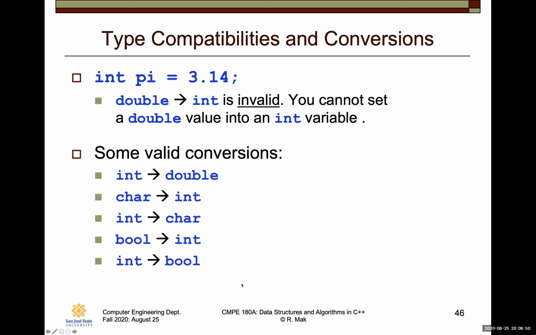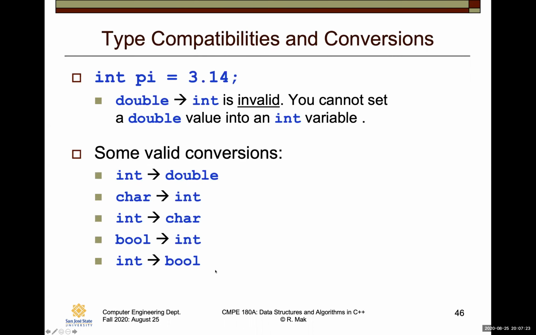Now there are some valid conversions. If you have a double variable, you can assign an int value to it, and it will convert the int value to a double value. You can assign a char to an int, a bool to an int, and an int to a bool. So there are some valid conversions that you can do with assignment statements, but going from double to int is not allowed. You don't have to memorize this.